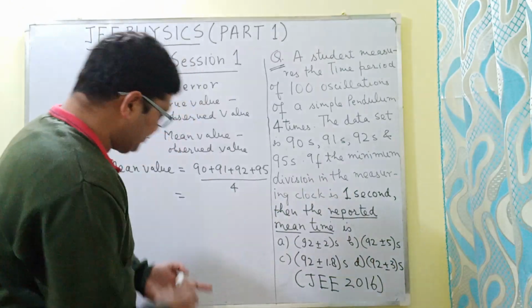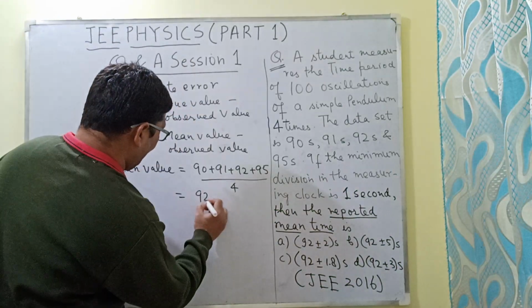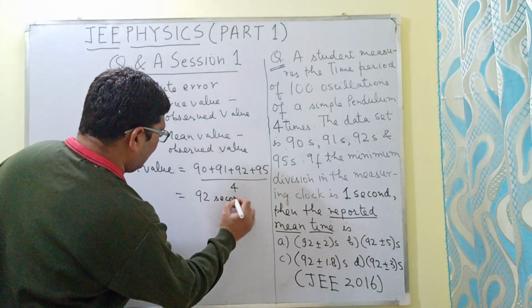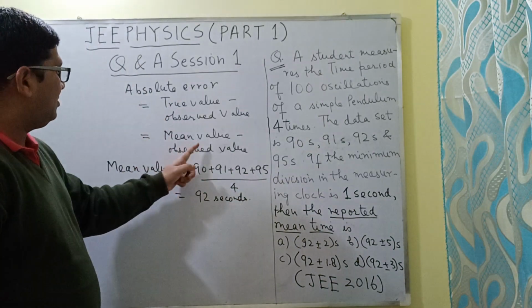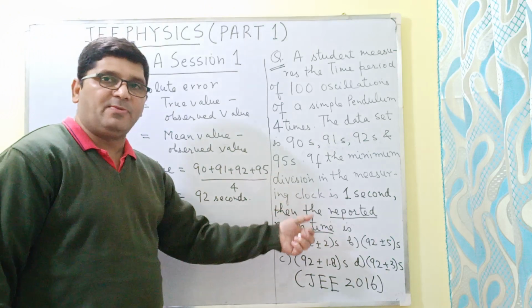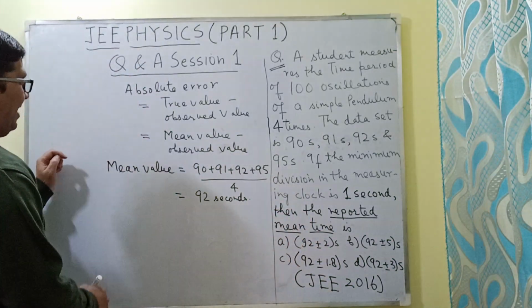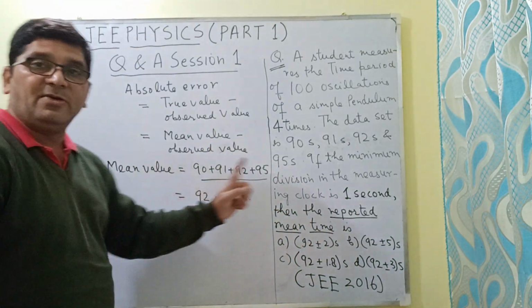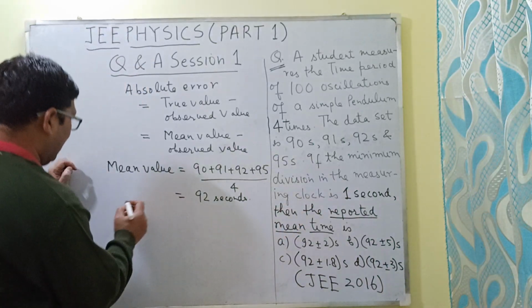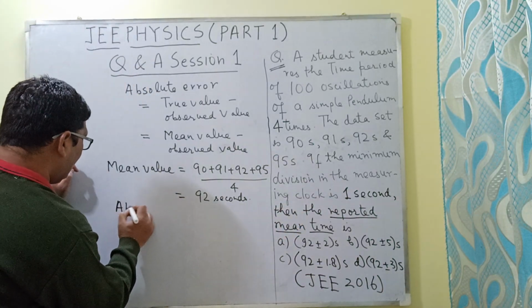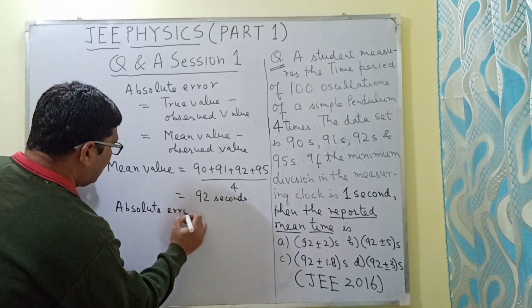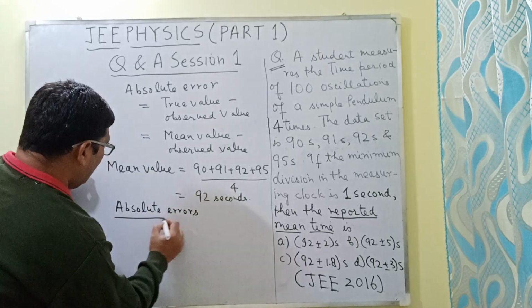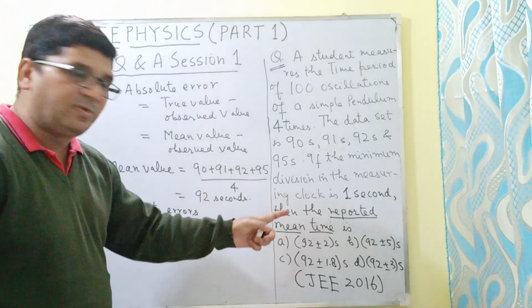This is equal to 92 seconds. Now, in this question, first of all, we have to calculate the absolute error. So the absolute error for each and every measurement is to be calculated.